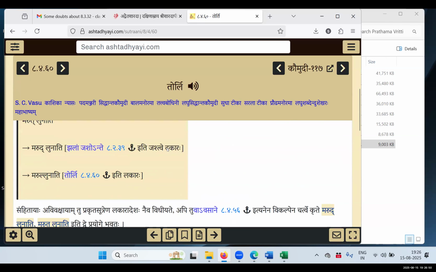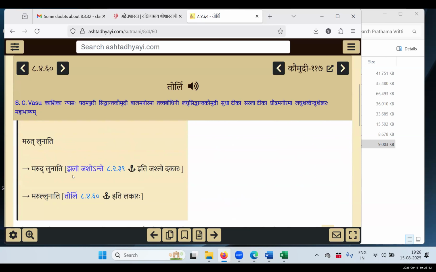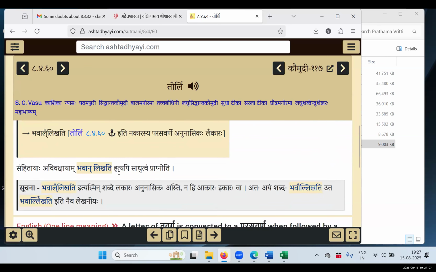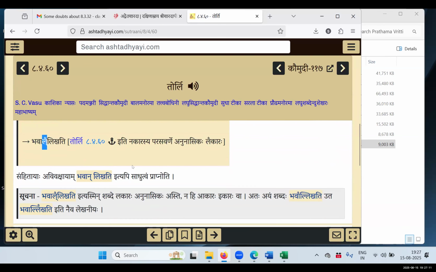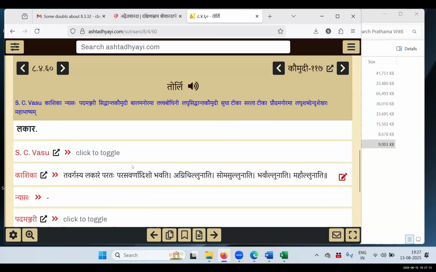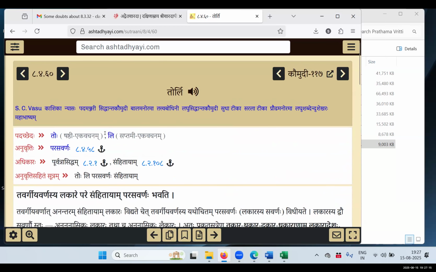Example, he says Marut lunati. What will it become? Marul lunati. Okay, so I just said Jalam Jashonte. Same thing here, right? Bhavan likhati. This is the nasalized one. So that is Torli.